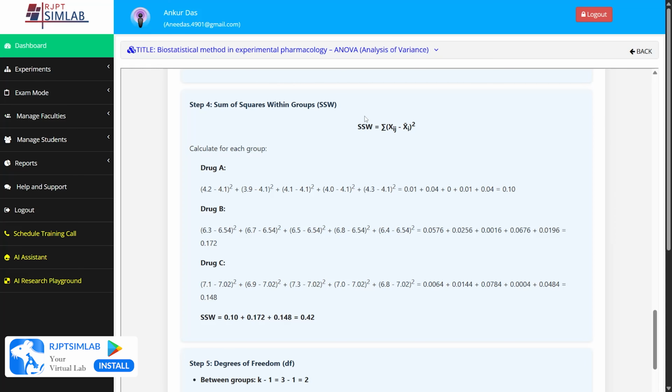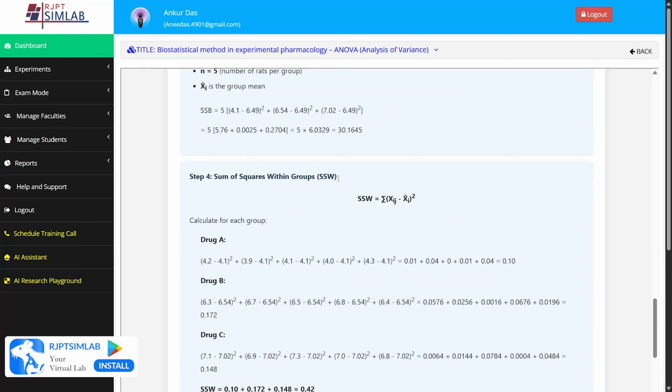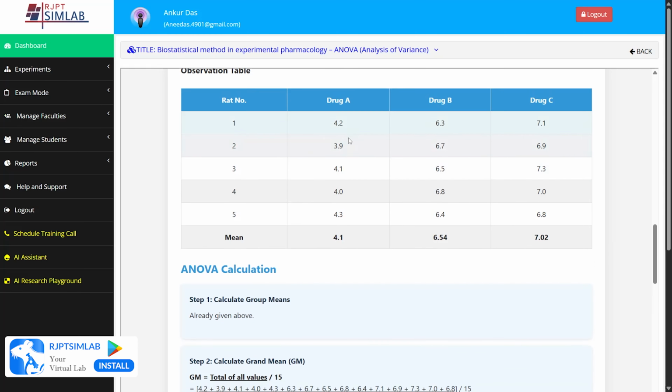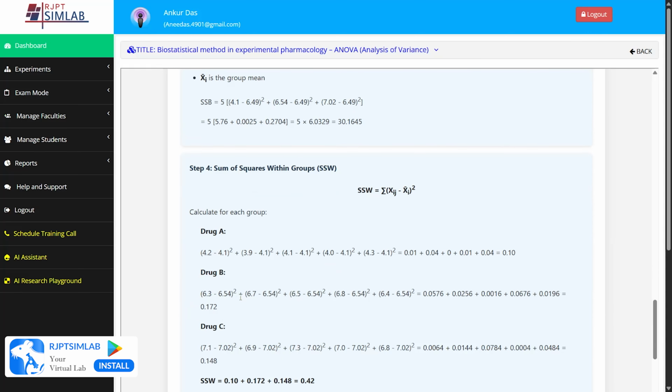Now we will put the values into the formula: x ij is the initial value, so 4.2 minus 4.1, whole square.